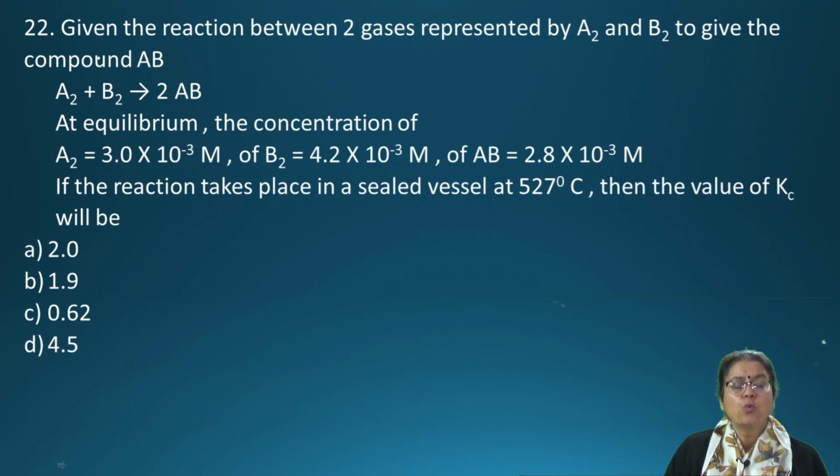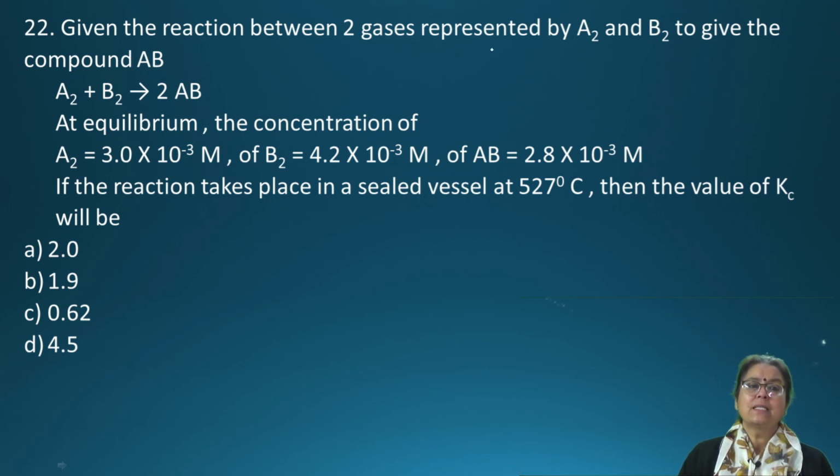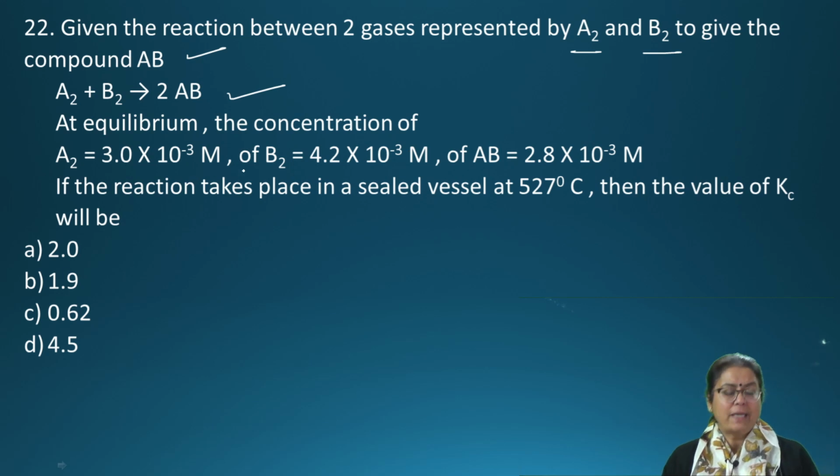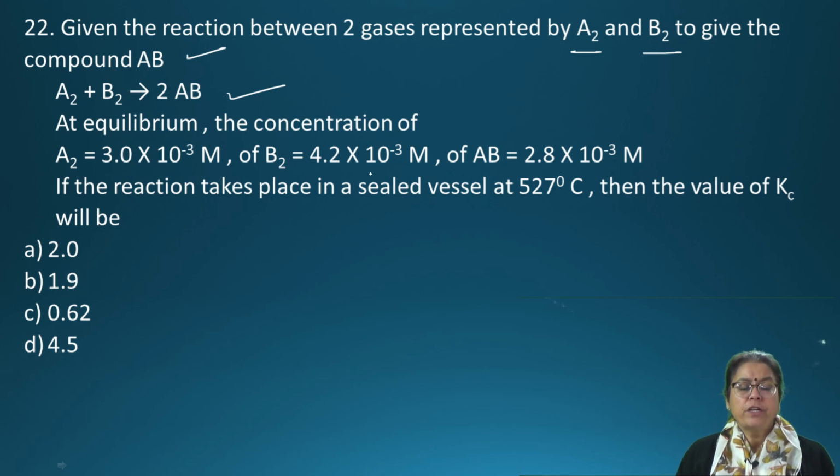Question number 22. Given the reaction between two gases represented by A2 and B2 to give compound AB, A2 plus B2 to give 2AB. At equilibrium, the concentration of A2 is equal to 2.0 into 10 raised to power minus 3 molar, B2 is equal to 4.2 into 10 raised to power minus 3 molar and AB is equal to 2.8 into 10 raised to power minus 3 molar.